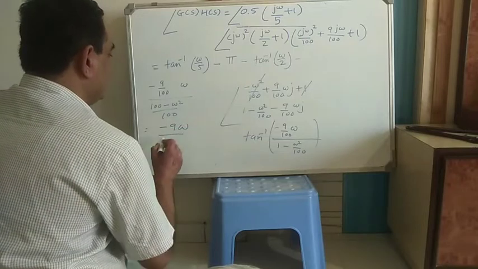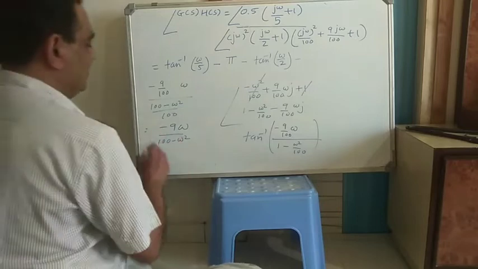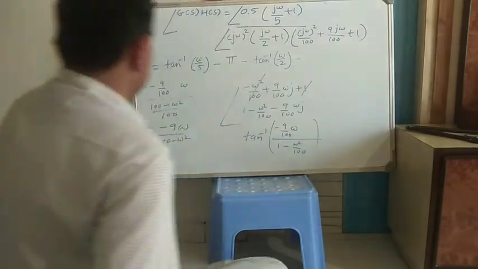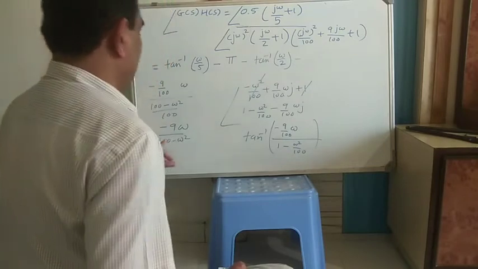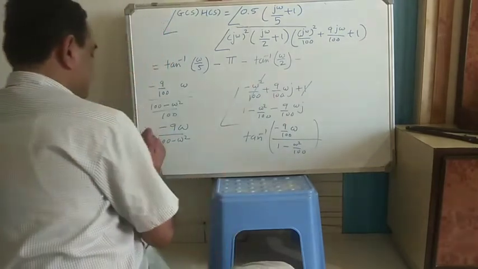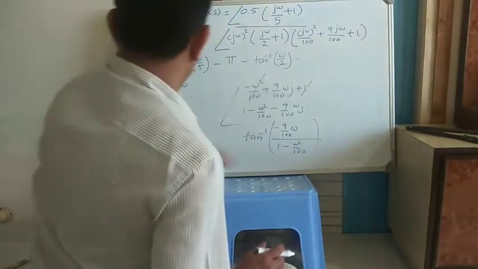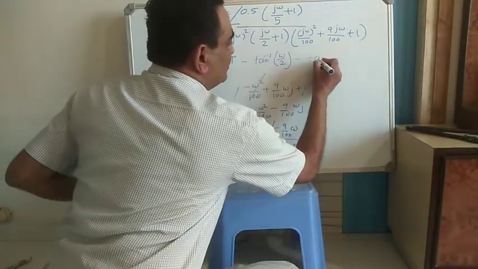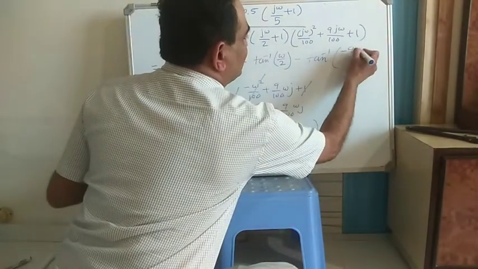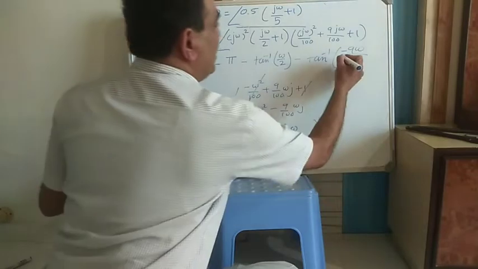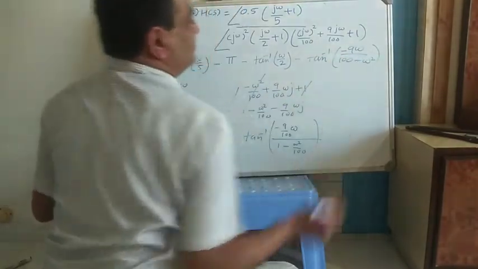So minus 9 omega over 100 minus omega square. This is the phase. So I will write tan inverse of this. Since this is in the denominator, I will put minus. So minus tan inverse of minus 9 omega divided by 100 minus omega square.